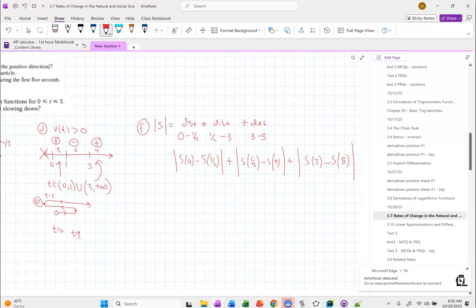So if I just take the absolute value of the displacement, the change in position over those 3 time intervals, and add them up, that'll be the total distance traveled. Notice I don't have to worry about whether I'm subtracting the bigger one from the smaller one. I don't care because I'm just taking the absolute value afterwards anyway. Everybody's okay? I think that'll do.